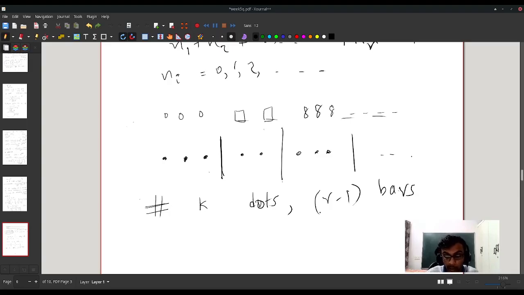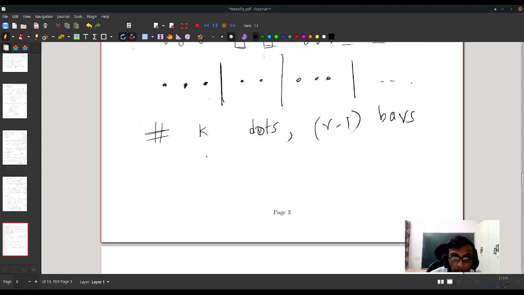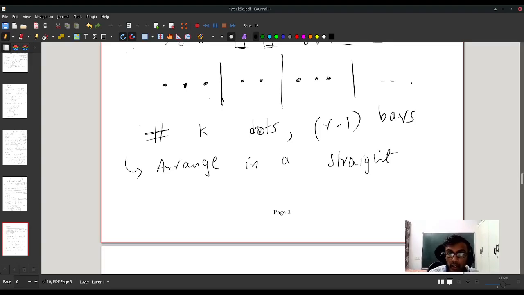So there would be r minus 1 bars, and we can arrange these k dots and r minus 1 bars in a straight line, and that would correspond to a particular way of choosing the fruits, and vice versa. Any particular way of choosing the fruits would correspond to some way of arranging these dots and bars in a straight line.